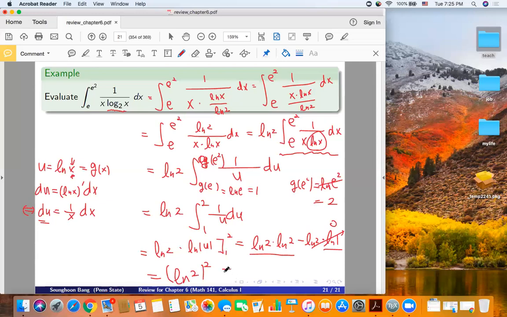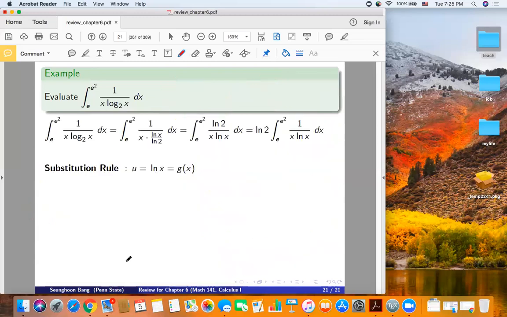Is this the same as ln of 4? Does it make sense? Is ln of 2 squared equal to ln of 4? Don't do that. Just keep ln of 2 squared. This is the whole idea for solving this kind of problem. So the answer is like this.